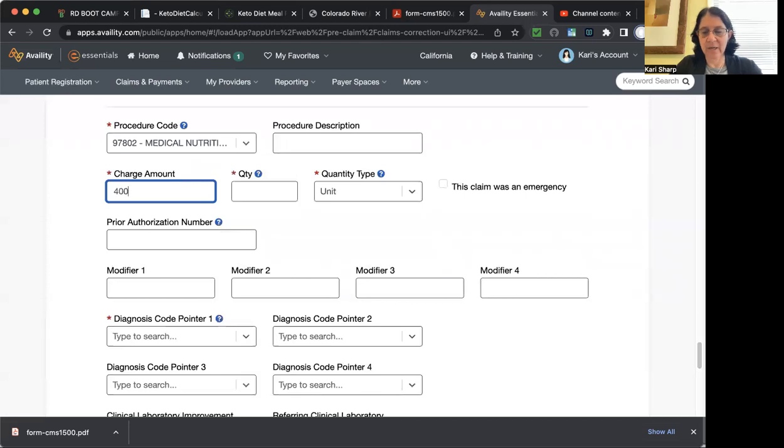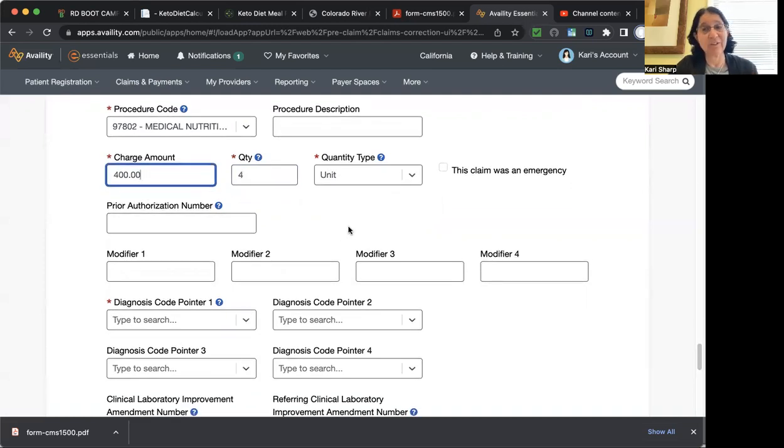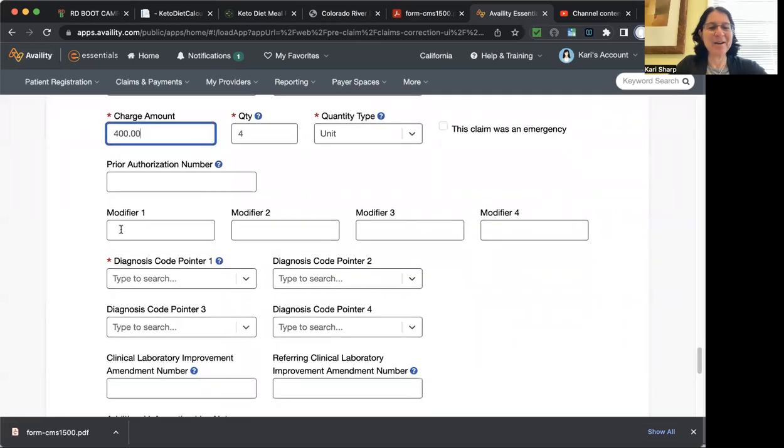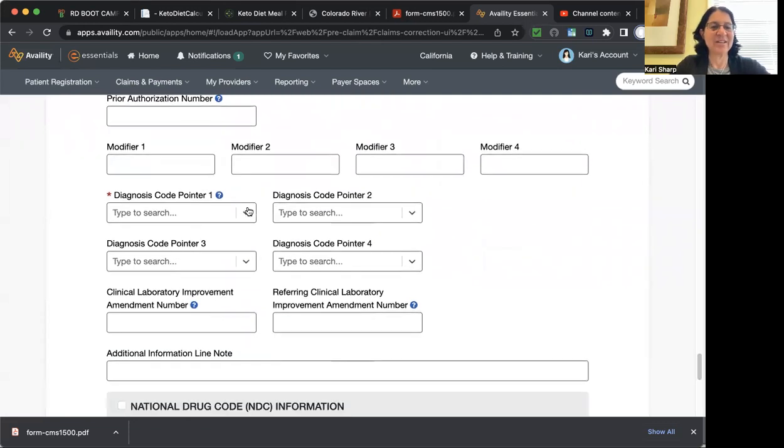All right, let's say we're the highest paid dietitian in the world, 4 units. So we saw them for 1 hour, we're charging 400. Doesn't mean you're going to get paid 400, probably not, but we're going to try. Again, the modifier, it's not always used. As you can see, these little red means it's required, it's not required, because a lot of times it's not used.